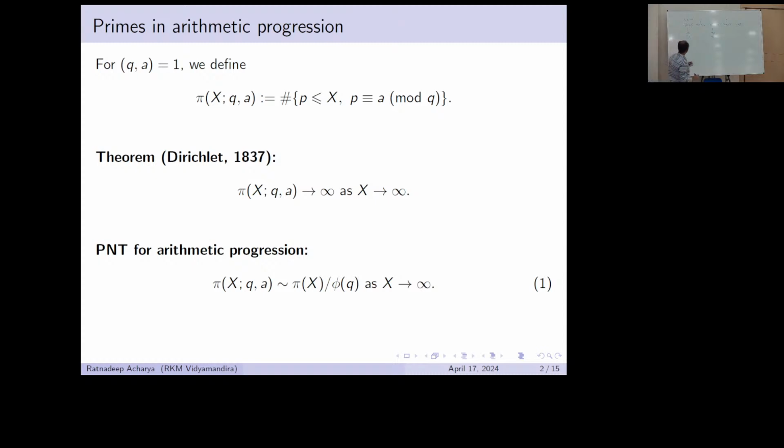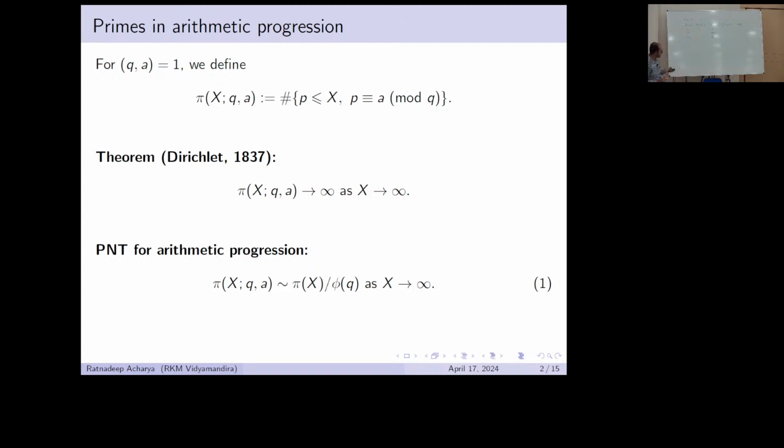So in this asymptotic sense, the number of primes of the form 4n plus 1 and the number of primes of the form 4n plus 3 are the same, right? So you can say that the primes are equidistributed over arithmetic progressions, and this corresponds to the case whenever a and q are coprime, which we can call reduced residue classes modulo q.